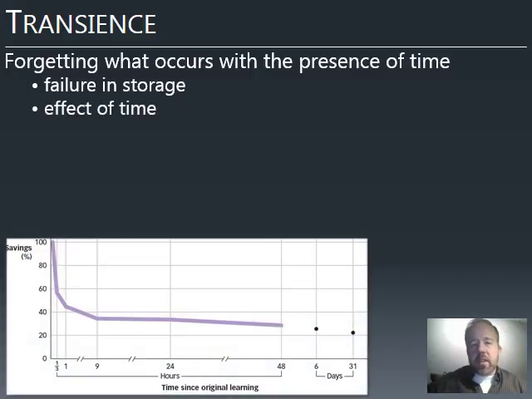And what's interesting is that this is not a constant effect through time. It's not that you're just as likely to forget a detail 5 years after the memory is formed as you are 5 minutes after the memory is formed. This tends to happen a lot more shortly after formation of the memory.